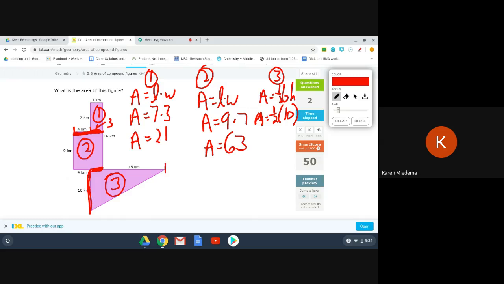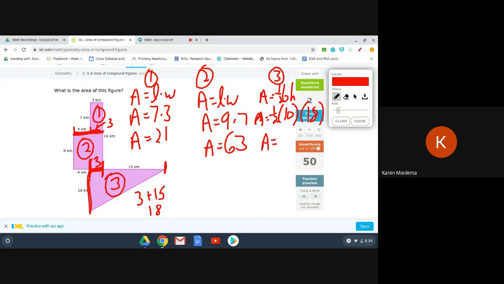The distance from here to here is 15, but just like from before, I need to use the opposite and say, well, if this piece was 3, this piece was also 3. And I want the distance from here to here. So that total distance is going to be an 18. So my height is 18.